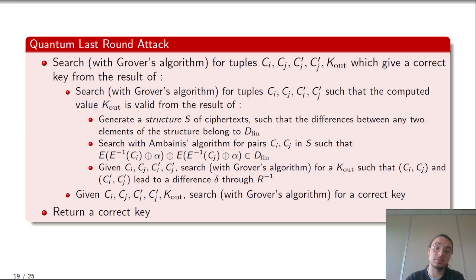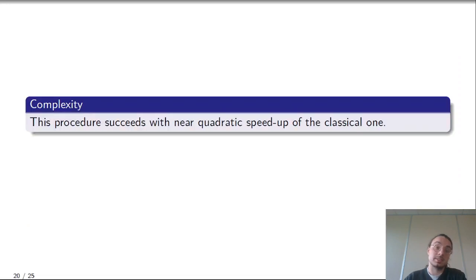So we will need to search again for a correct pair, and then we will have a correct pair that leads to a good k_out and a good rest of the key, so we have the correct key. And this procedure succeeds with a near quadratic speedup over the classical one that I presented earlier.